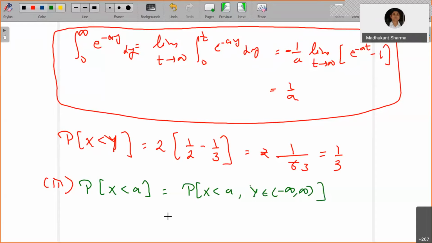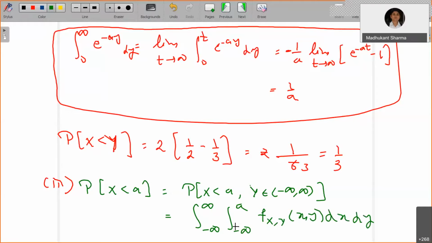So that's going to be, with x from minus infinity to a, the integral from minus infinity to infinity, integral from minus infinity to a of f(x,y) dx dy. Now this will turn out to be from 0 to a, and here also 0 to infinity, because elsewhere this f(x,y) is 0.